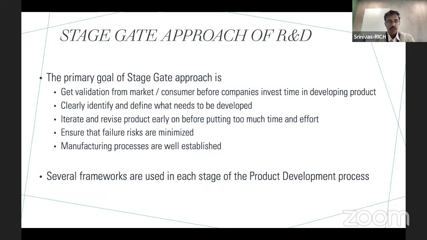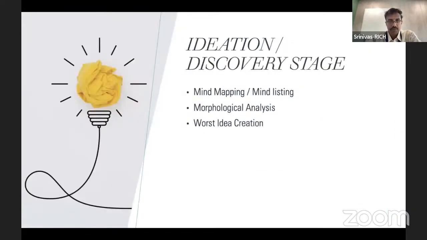And by doing all this, you minimize the failure risk for the organization. And you are also then able to integrate these with manufacturing processes very well. So I will now walk you through a few frameworks which are used in product development.